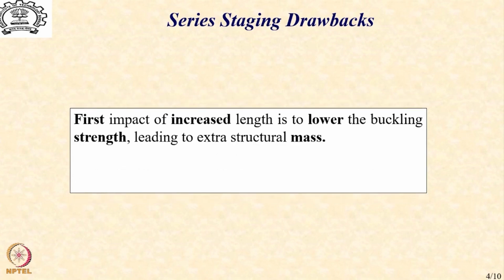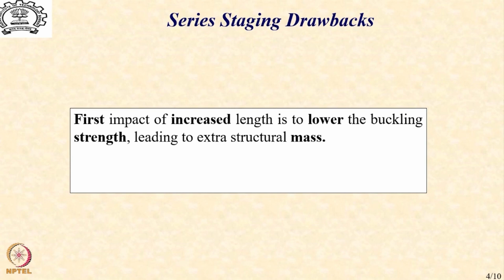The first impact of this increased length is to reduce the overall buckling strength from a structural perspective, and in order to compensate for the loss of buckling strength, you need to augment the structural mass or the stiffness, leading to higher structural mass or an inefficient structure from the propulsion perspective.